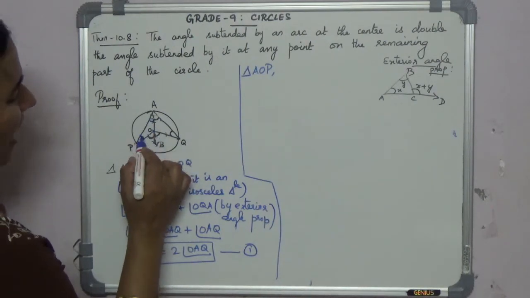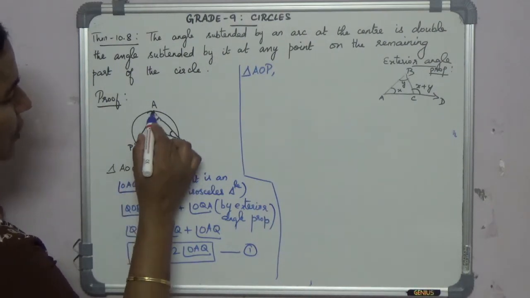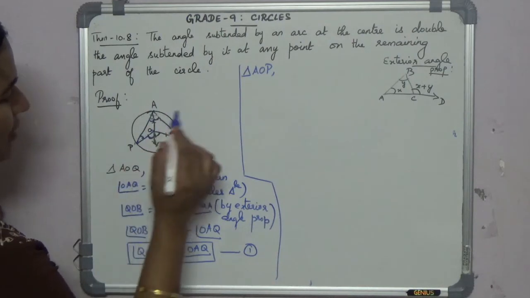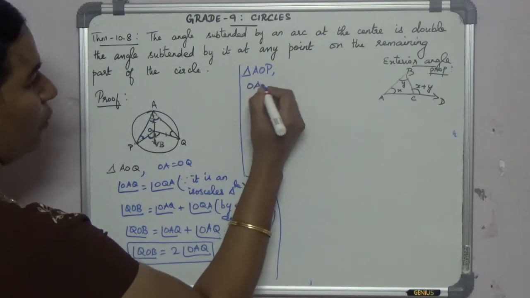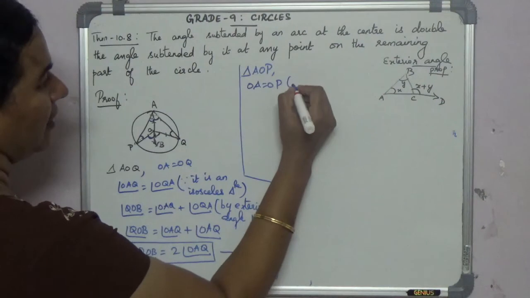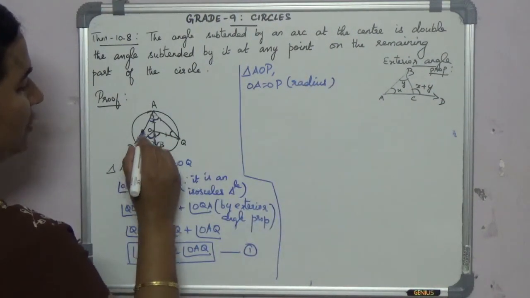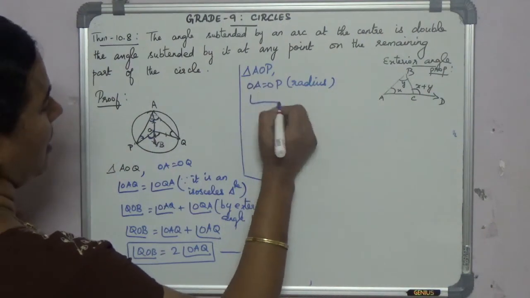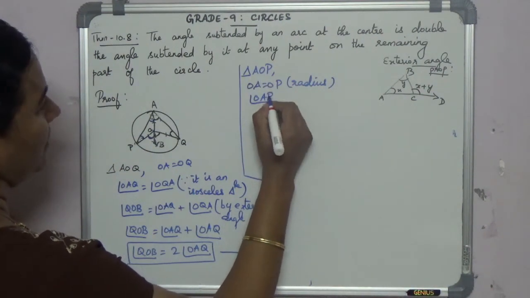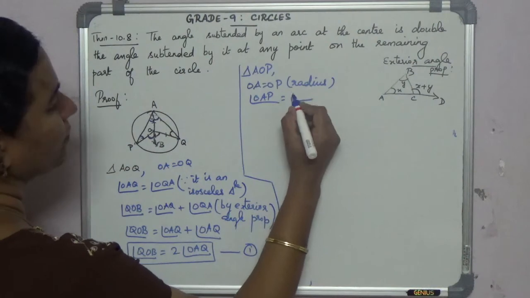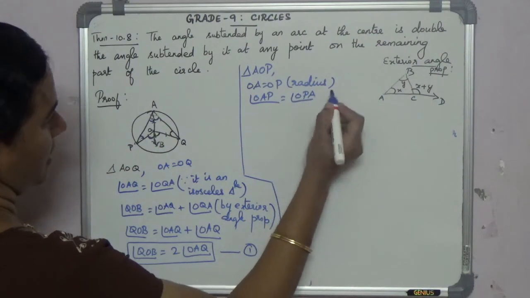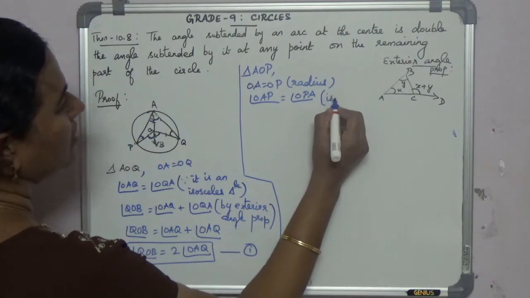Now these two angles are equal. The reason is OA is radius and OP is also radius. OA and OP are equal because we call that radius. So these two angles will be equal. Angle OAP will be equal to angle OPA because it is an isosceles triangle.